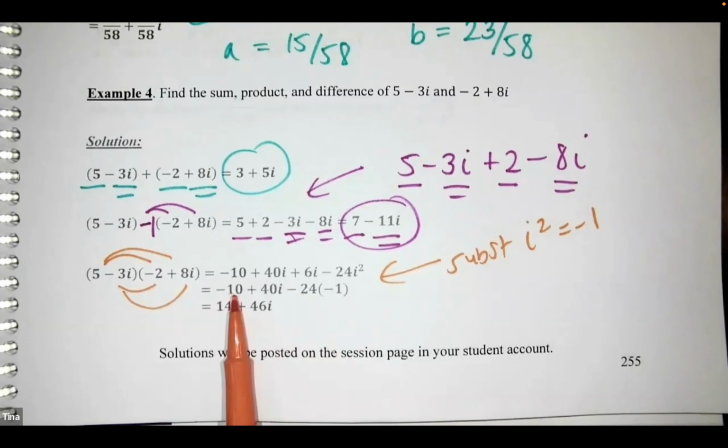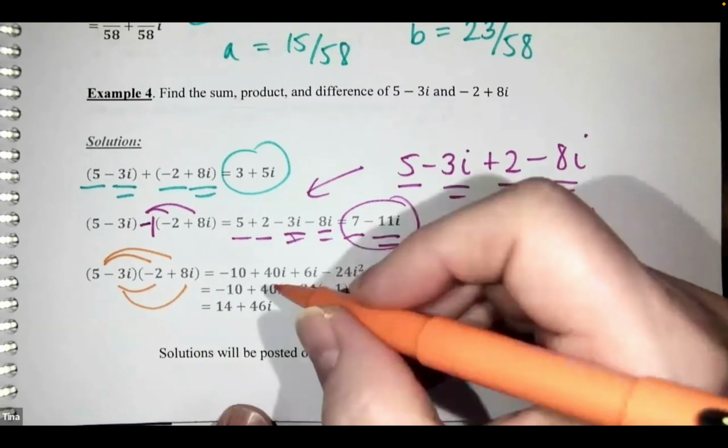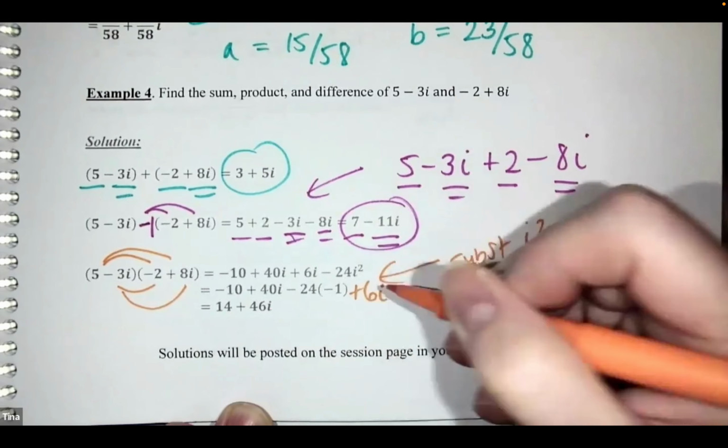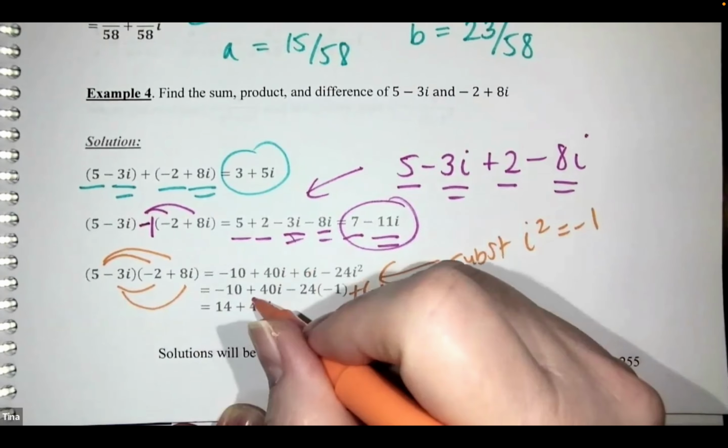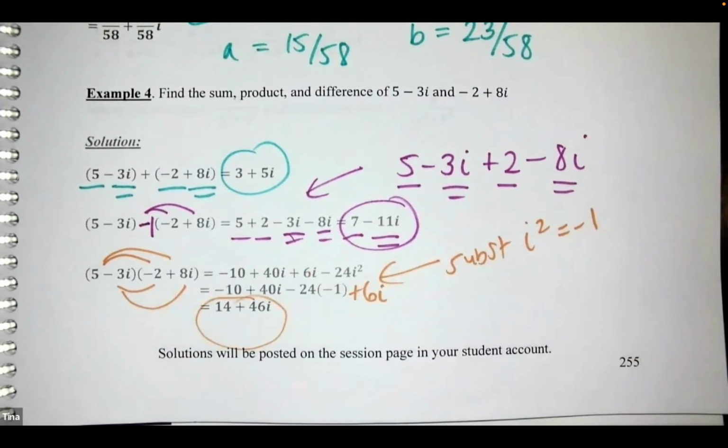So 24 minus 10 is 14. And then, oh, there should be plus a 6I here. Looks like my 6I disappeared. So 40 plus 6 would be 46I's. Okay. So that's kind of the basics of complex numbers there, okay?